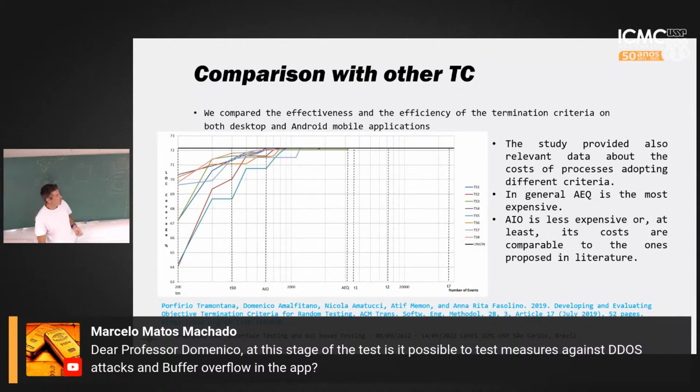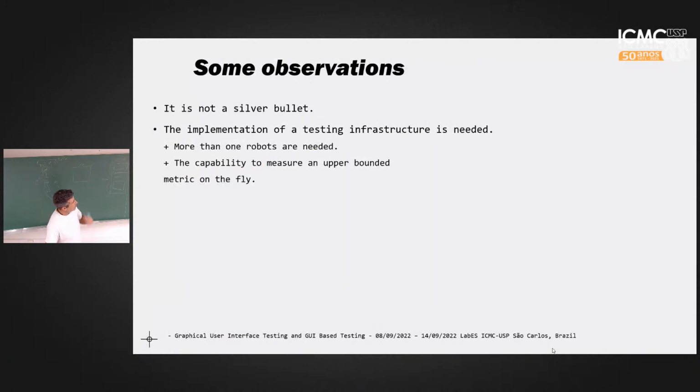If you use a random approach, yeah, you can use this approach also for measuring this kind of quality attributes. Okay, yeah, it could be used. I did not do it, but yeah, if you exploit random testing, it could be considered as a termination point. Yeah. Okay.